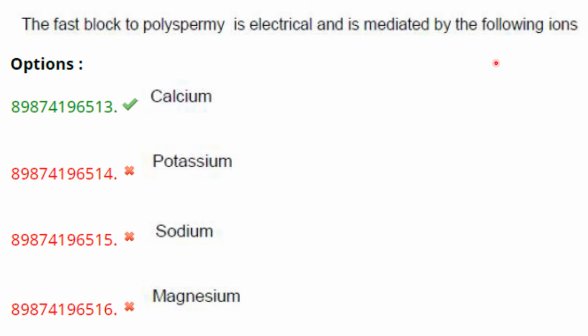Whereas the slow block is mainly by the cortical granule reaction, and it is calcium that can trigger this cortical granule reaction. So it is the slow block. Now the question is the fast block. So as per me, it should be sodium, that has to be the answer. Maybe this is a printing mistake. Calcium is the slow block.